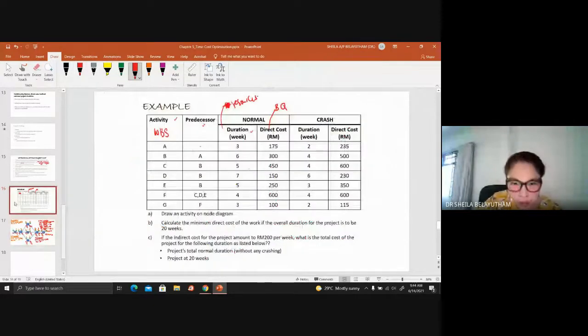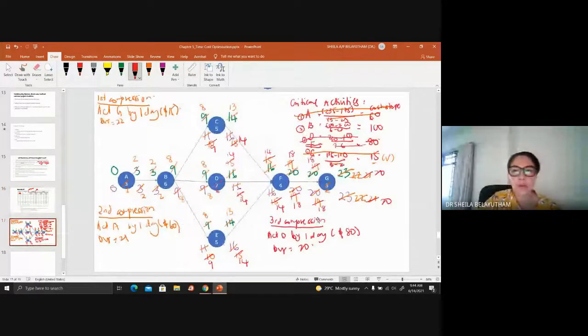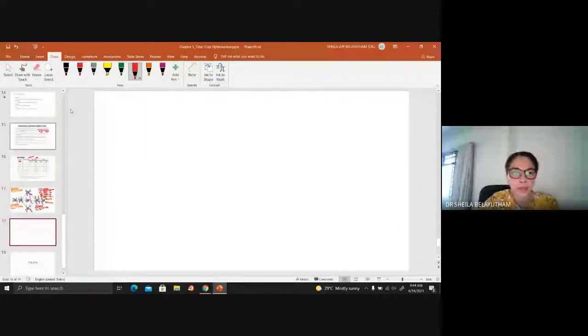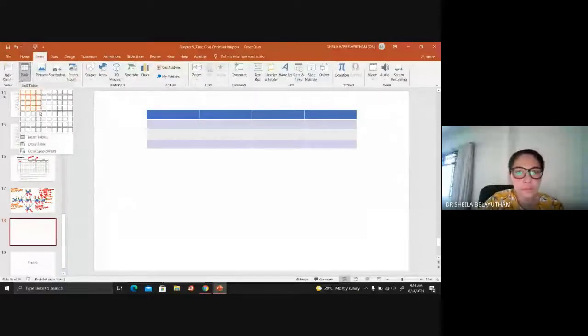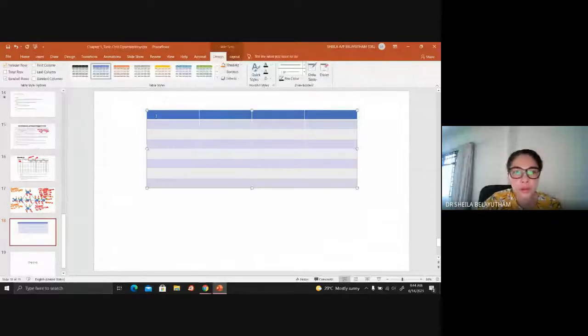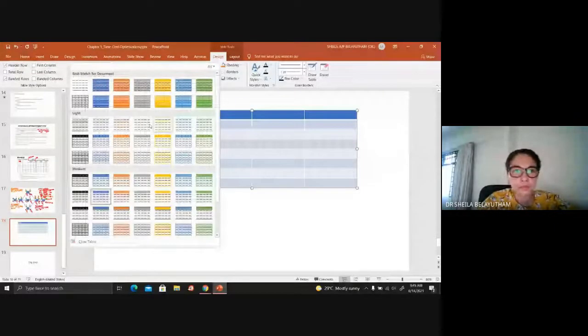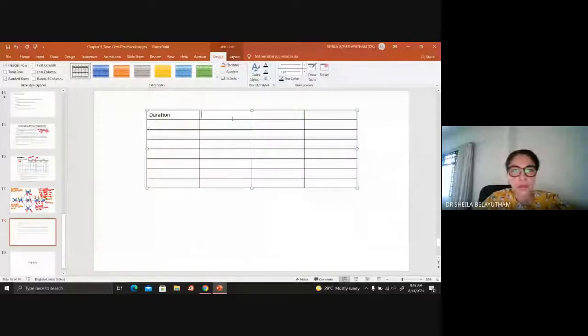Okay, at this moment, what we need to do is create a table. So have duration, direct cost, and then you have indirect cost, and you have total cost.